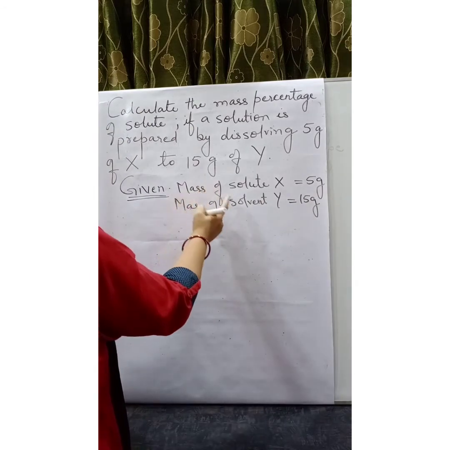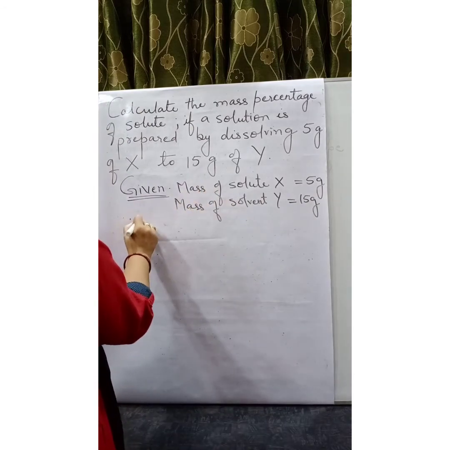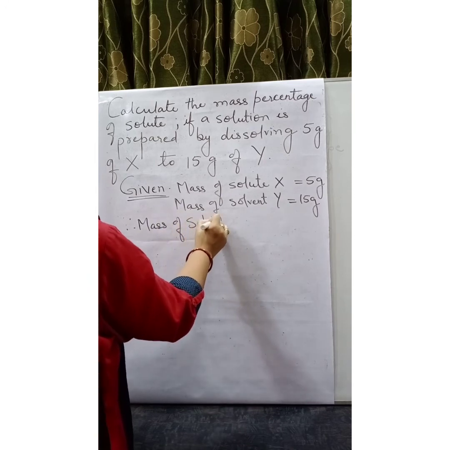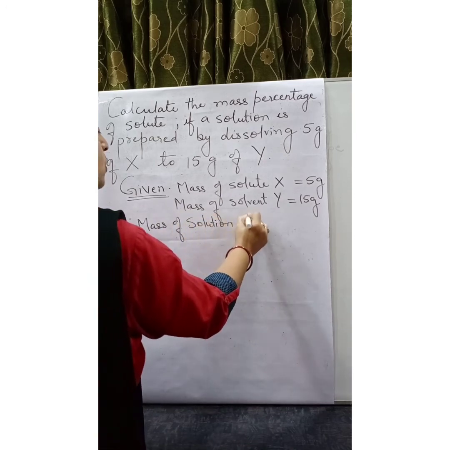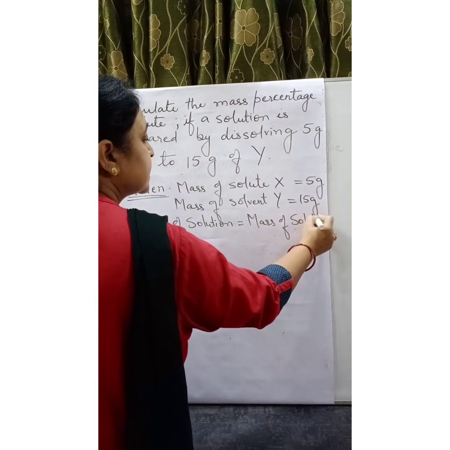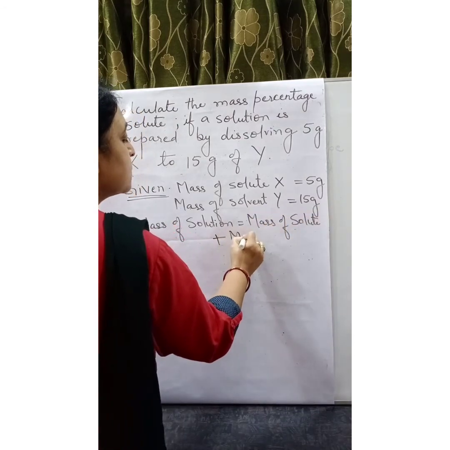So from mass of solute and solvent, we can find out mass of solution. It is equal to mass of solute plus mass of solvent.